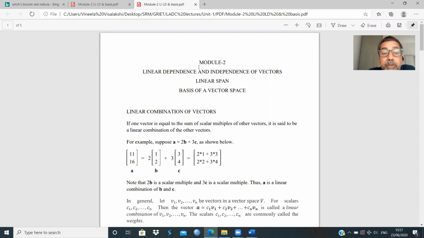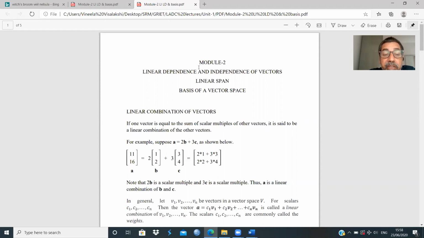If one is able to express a vector as a sum of scalar multiples of other vectors, then it is said to be a linear combination of other vectors. For instance, let B and C be two vectors having components (1, 2) and (3, 4) in the two-dimensional Euclidean plane.